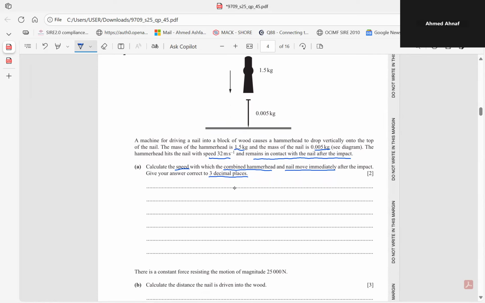So hammerhead is just P equals mv. So m is 1.5 and speed is 32 meters per second. As for the nail, since it didn't move at all initially, there's no momentum in it, so it's just 0 Newton second. So initial momentum for hammerhead is just 48 Newton second.